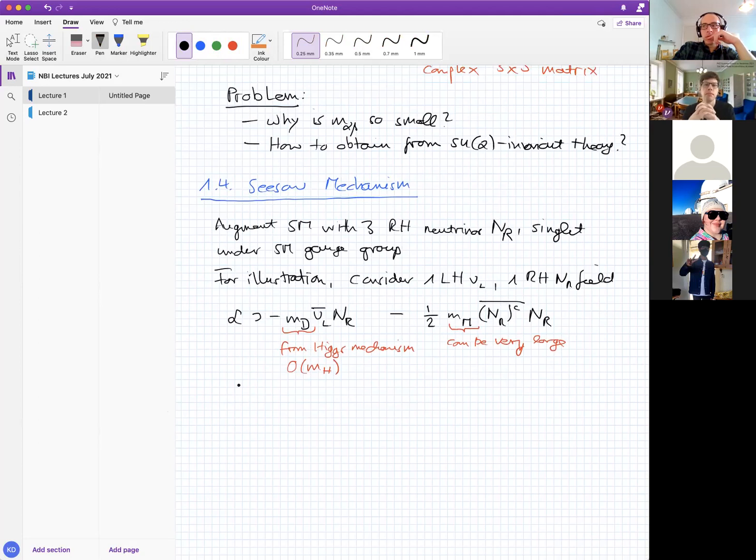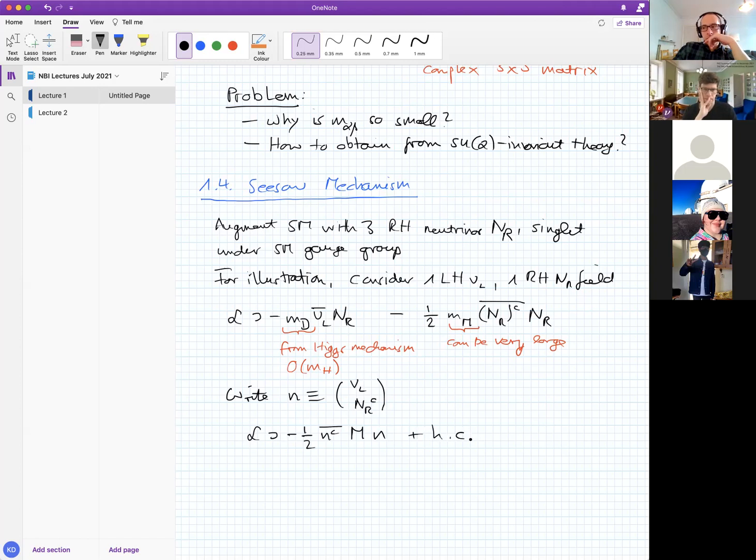Now, this Lagrangian can be written in matrix form by making the following definition. So we define a vector n, which contains the left-handed neutrino field and the charge conjugate of the right-handed neutrino field. Right, the charge conjugate of the right-handed neutrino field is again left-handed, so this n still has reasonable transformation properties under Lorentz transformations. Now, with this abbreviation, I can now write the above Lagrangian as simply 1/2 times n^c bar times a matrix M times n plus Hermitian conjugate.